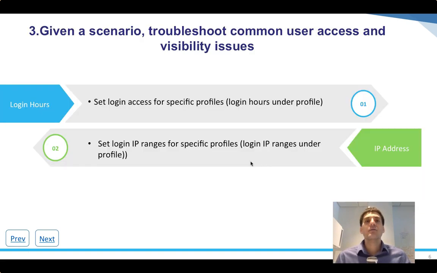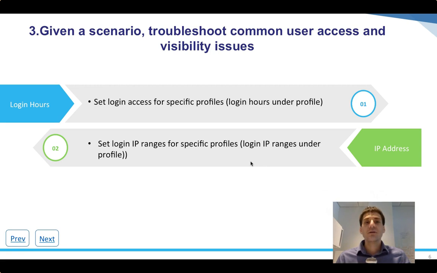Continuing on the theme of troubleshooting user access and visibility issues, these are 2 elements that you need to think about. The first one is login hours or login access. The second one is visibility. And when we talk about access, often this is a login issue if this is on a front-end user.